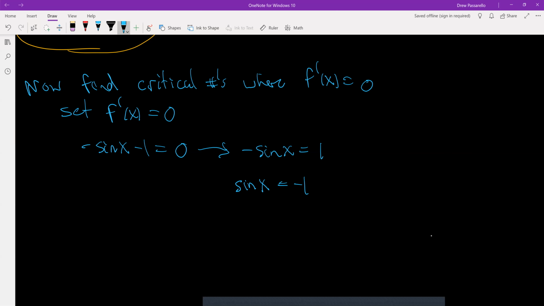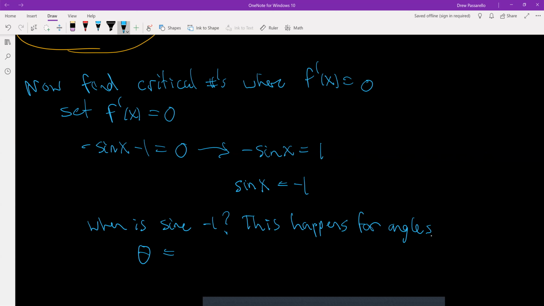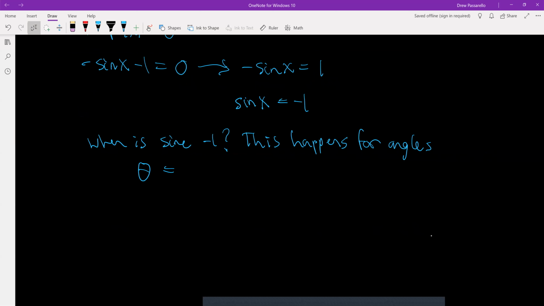So then I ask myself, well, when is sine negative 1? What angles produce that? This happens for angles theta equal to 3 pi over 2 plus any amount of revolutions beyond the first revolution around the unit circle.